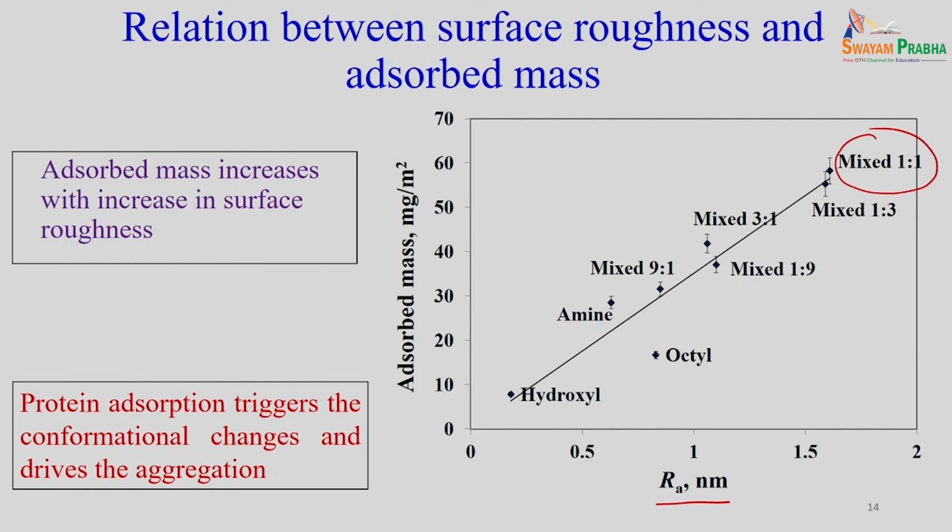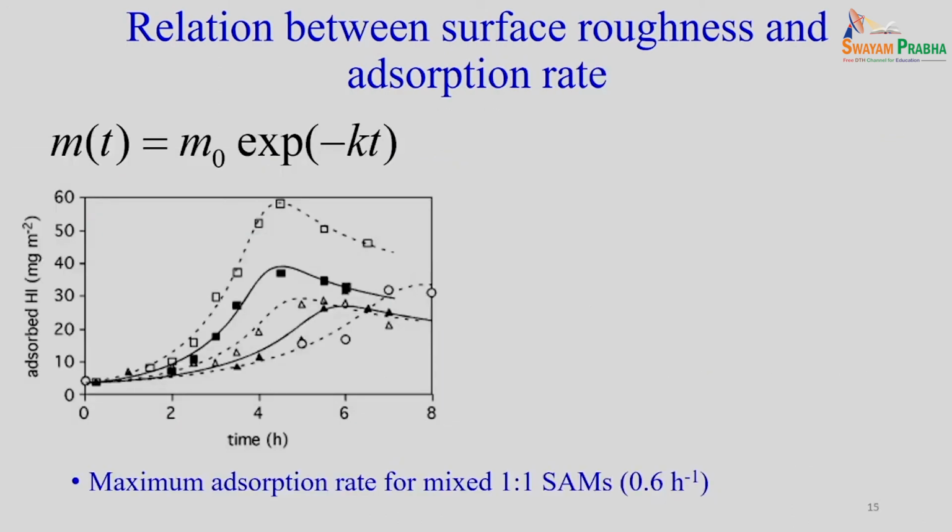So, what is happening is, because of the protein adsorption, it triggers conformational changes, and those conformational changes further lead to the aggregation of that particular protein. So, this is the adsorbed mass of the protein with time.